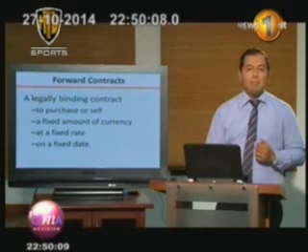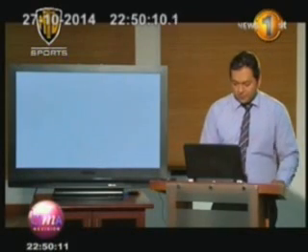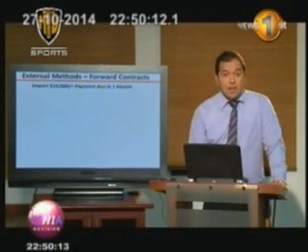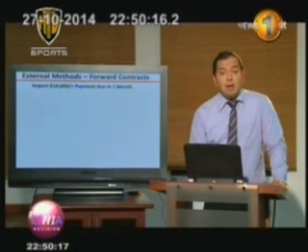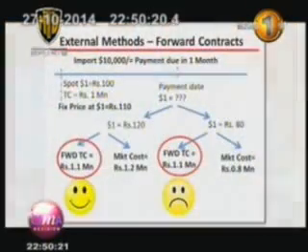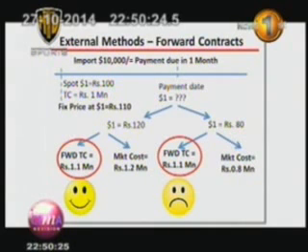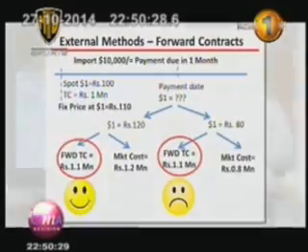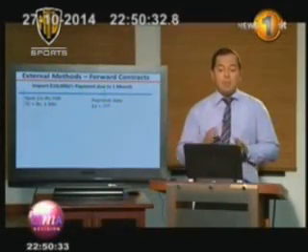Let's look at an example of how it works. Again, you are importing $10,000 worth of goods, payment due in 1 month's time. So we'll assume the spot is $1 equal to 100 rupees today. Your total cost would be rupees 1 million if you were to settle today. But you're not making settlement today, you're making settlement in 1 month's time.